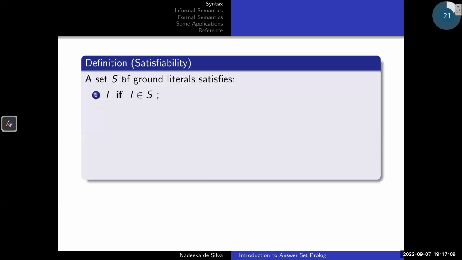Then I will give the definition of satisfiability.